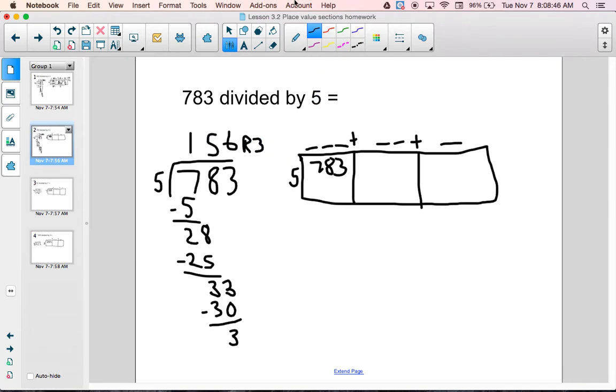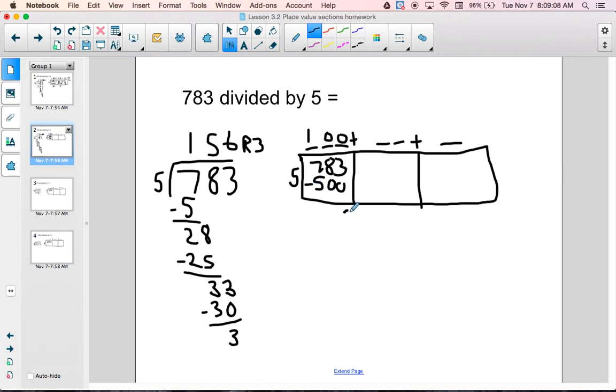Now demonstrating that using the place value sections method, we ask ourselves, okay, we have 783. How many hundreds would go into that? Well, 5 will go into 7 one time, so there will be 100 times 5 is 500. We can make one group.